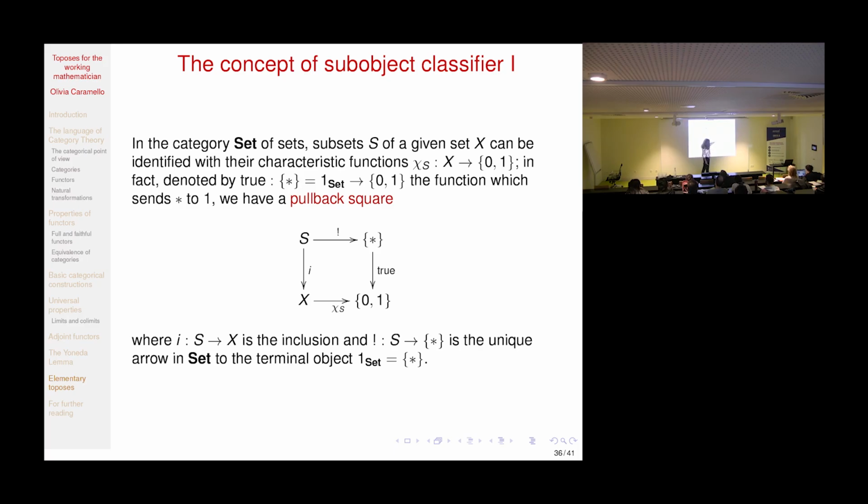Here you put an arrow which we call true, which picks the truth value 1 from the unique element of this singleton. And here you take the unique function from S to this singleton set. So you realize immediately that this is actually a pullback. It is a fibered product of sets, characterized by a universal property.